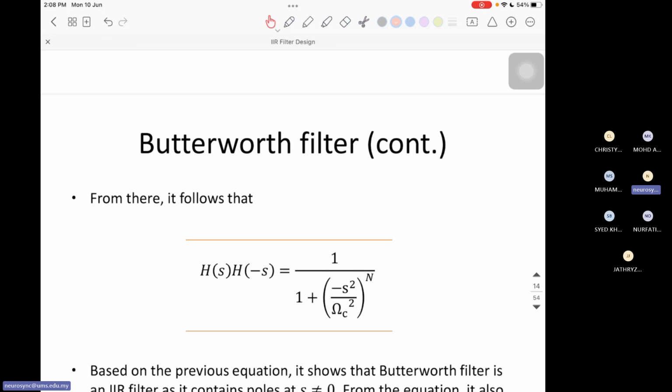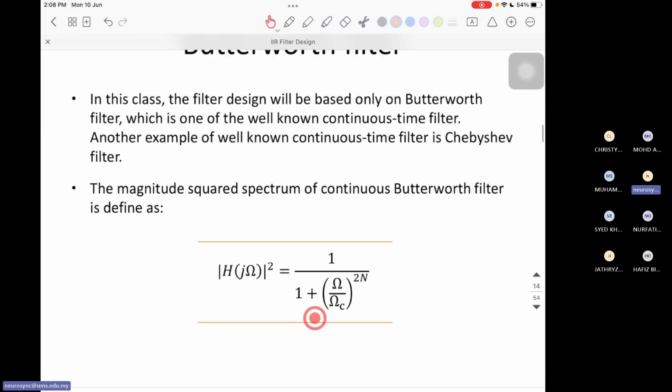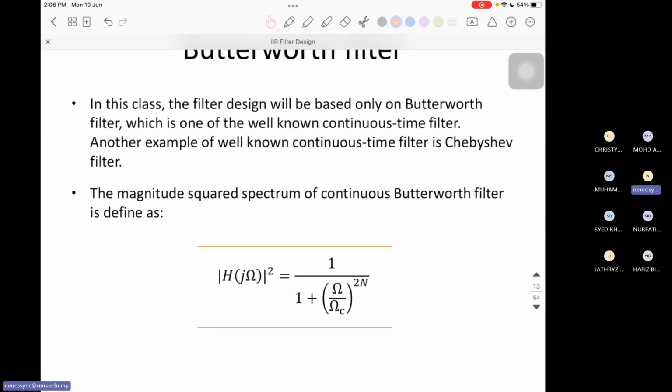Now, in this case, what will happen if omega is equal to omega c? What magnitude spectrum will we get? In that case this ratio is 1, so 1 plus 1 to the power 2n is nothing but 1 plus 1.